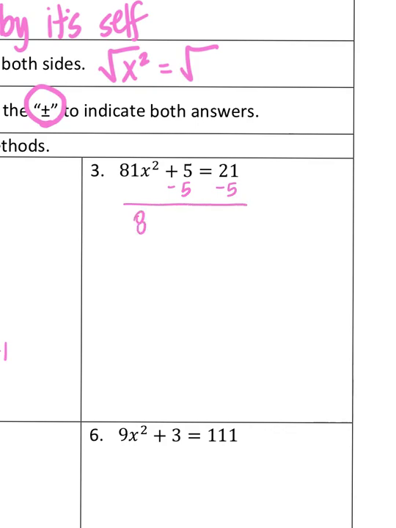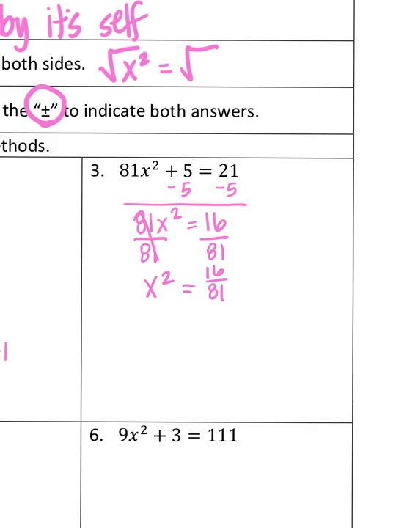Now I have 81x squared equals 21 minus 5, which is 16. Now we divide both sides by 81, and we get x squared equals, and I'm just going to leave this as a fraction, 16 over 81.